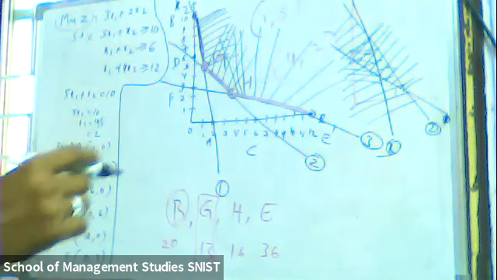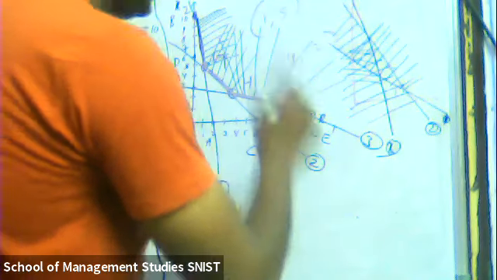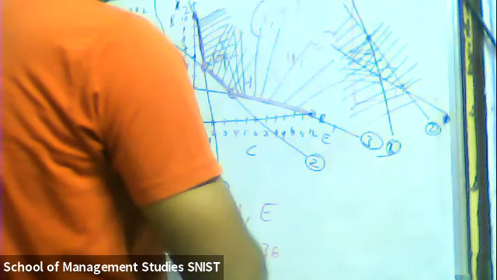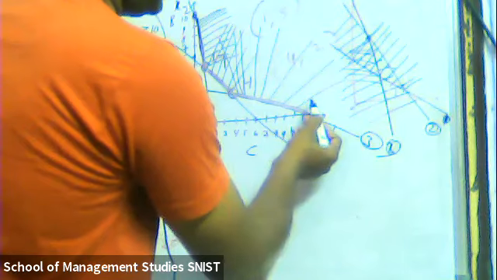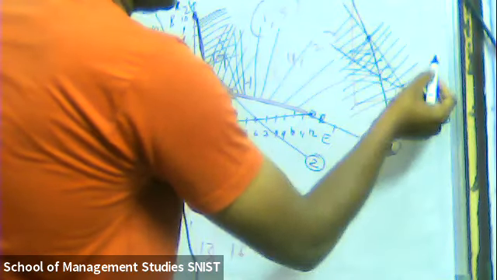Are you confused? The area which is covering equations 1, 2, and 3. So that area from here. The first one is here, the second one is above, and the third one like this.